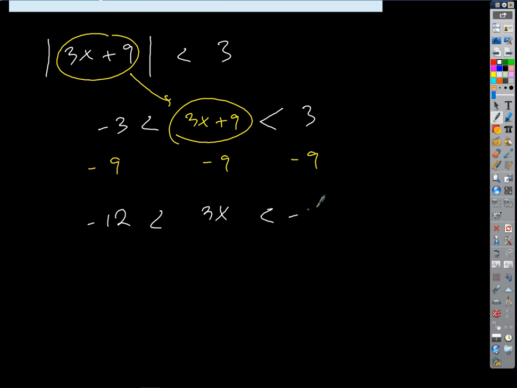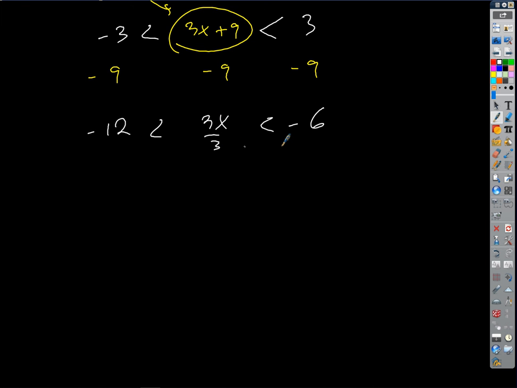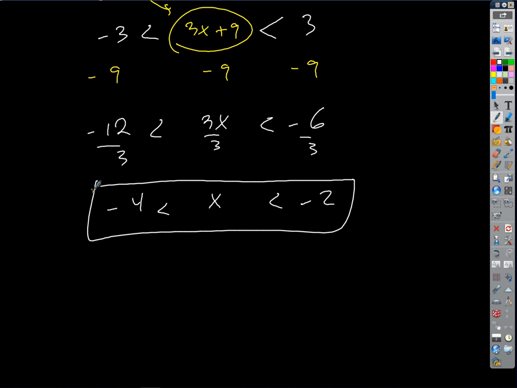Negative 12. And here we get negative 6. Now what? Divide by 3. So that gives us x between negative 4 and negative 2, right? That's our answer. Okay. Make sense?